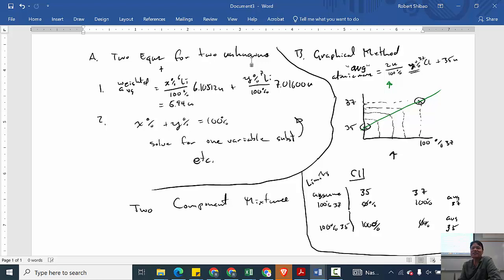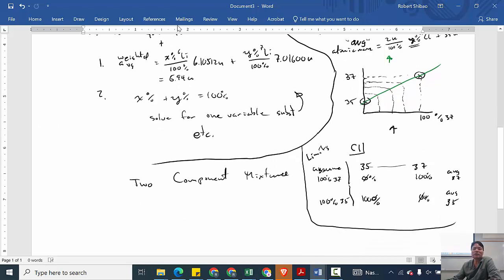So I just looked at this in my head and then figured that if the average is 35.5, it's got to be 25% 37, 75% 35. And so that's what I was doing when I was looking at the number line. Or you could just look at the number line and then write it here, which I did on the board yesterday. I didn't draw a graph yesterday. For this one, I'll just draw a graph.